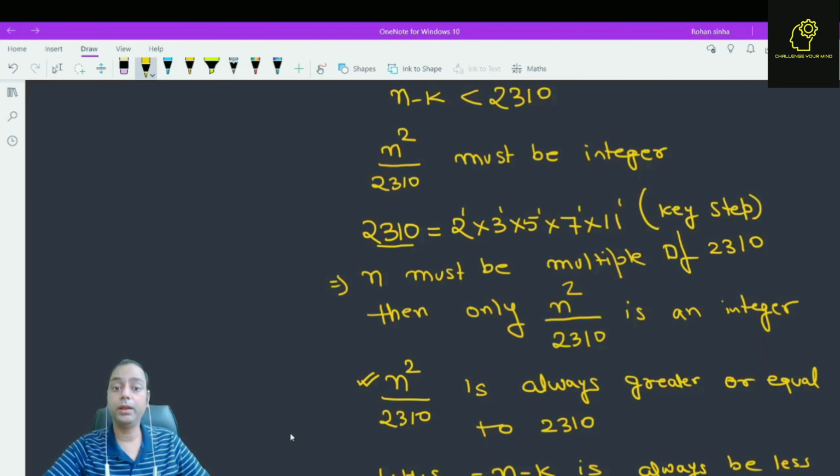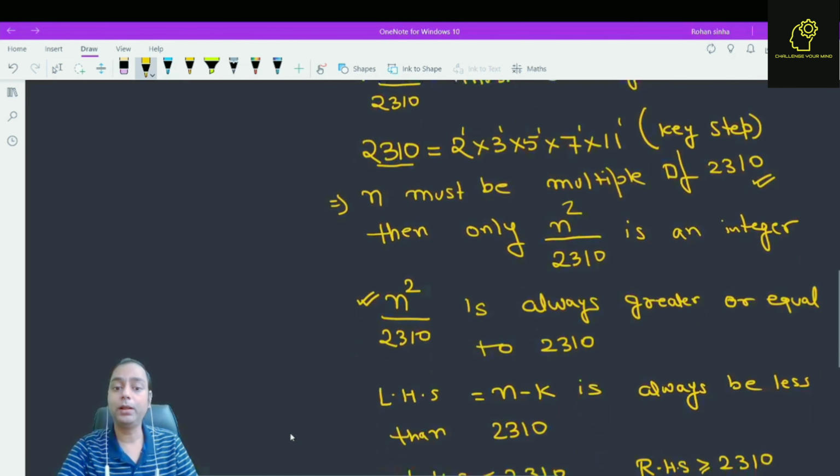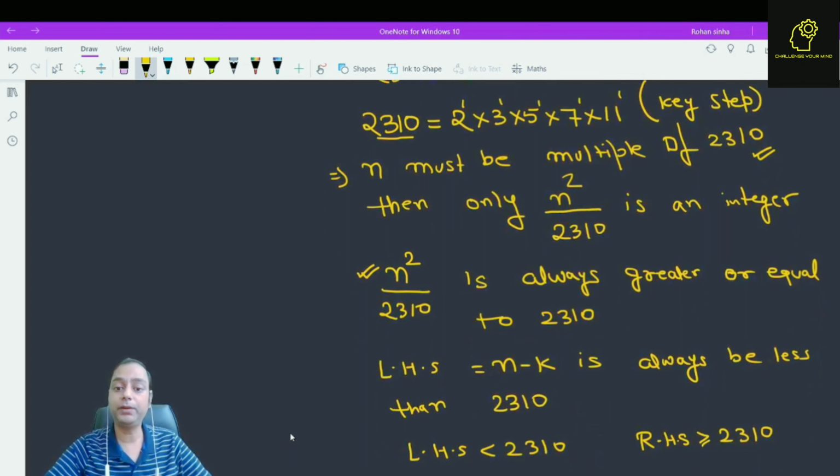So if n square upon 2310 is an integer, then n must be a multiple of 2310. If n is a multiple of 2310, then n square by 2310 is always greater than or equal to 2310. But the LHS is always less than 2310 because n is less than 2310, as given in the question, and k is some positive integer. So LHS can never be equal to RHS.